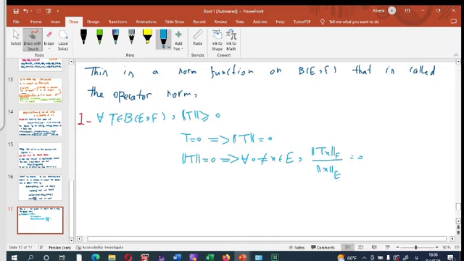So that for any non-zero element in E, this must be 0.